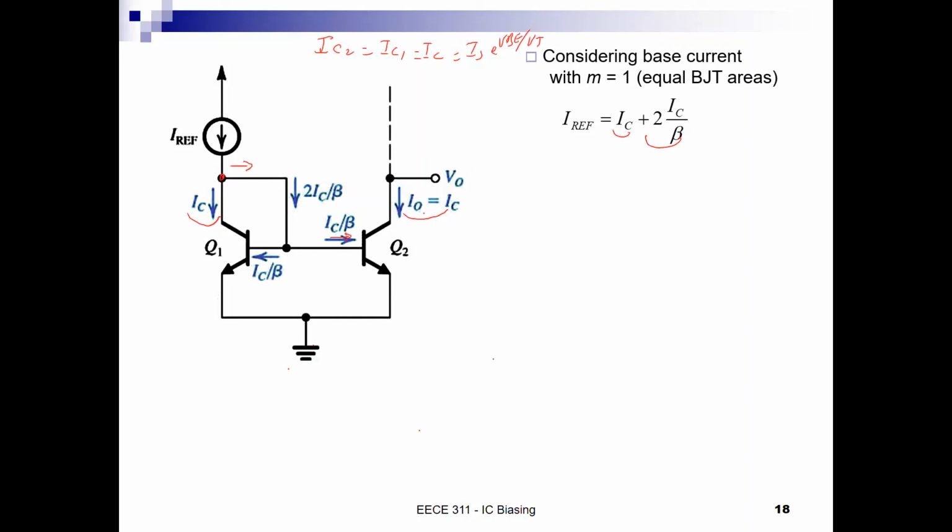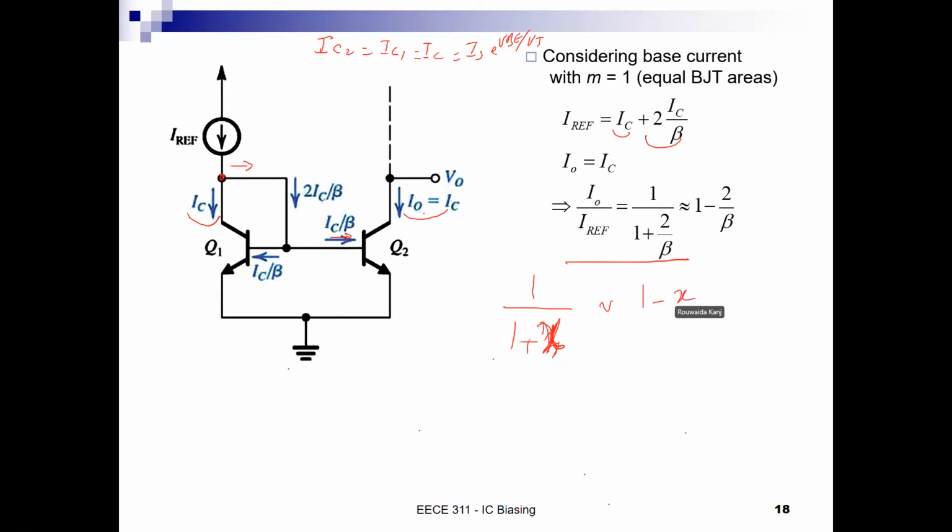Okay, and this means that what is the ratio now of IO over IREF? IO is equal to IC. So we have that IO over IREF equals 1 over 1 plus 2 over beta. Okay, now we all know that if I have 1 over 1 plus some small x, if x is very small, I can approximate it as 1 minus x. So therefore, IO over IREF is 1 minus 2 over beta.